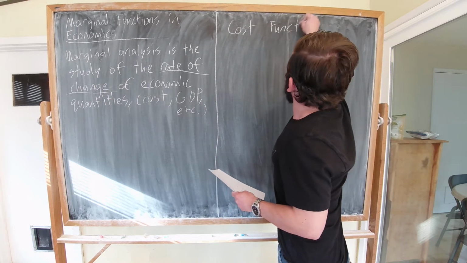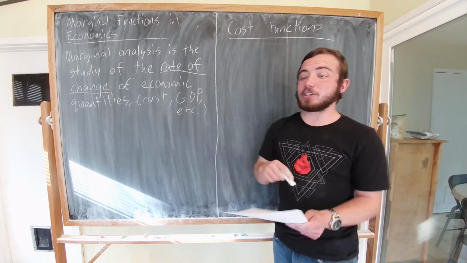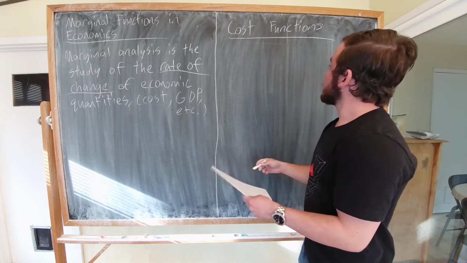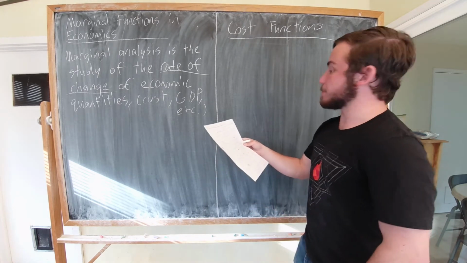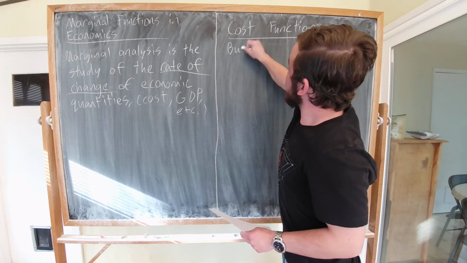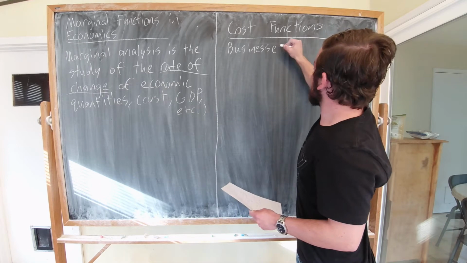Okay, we're going to start by talking about cost functions, which, exactly as the name implies, are functions that tell you how much something costs. So, one key thing that businesses might want to know is something known as marginal cost.